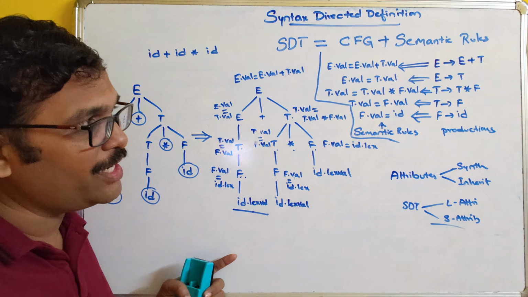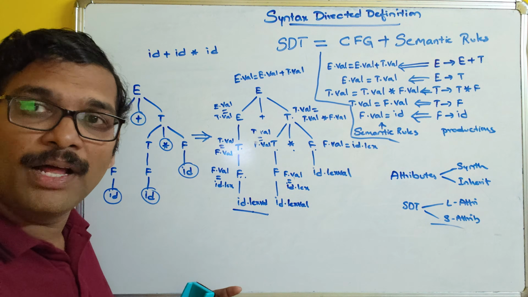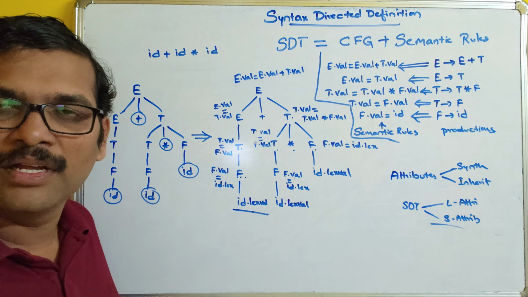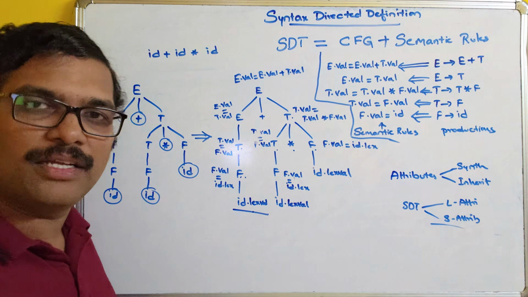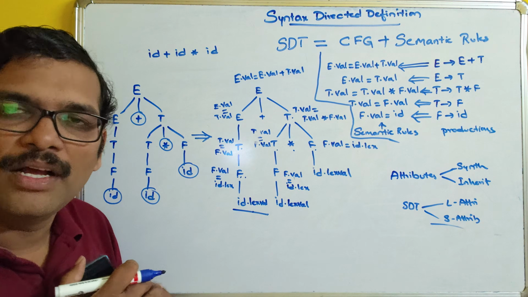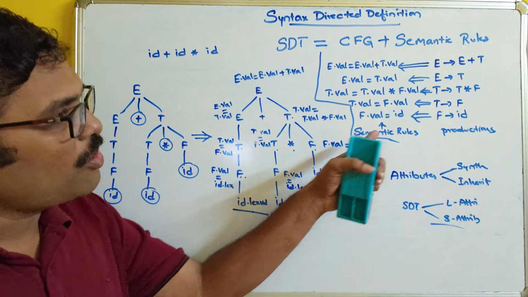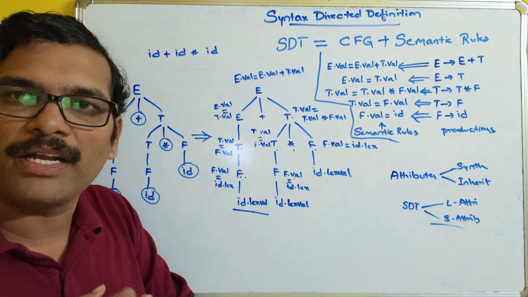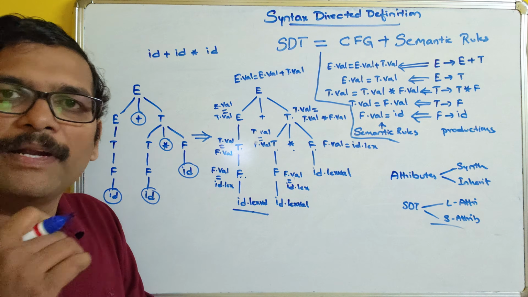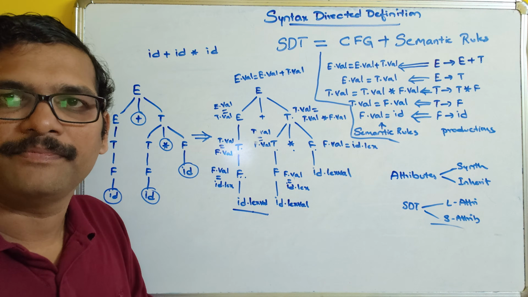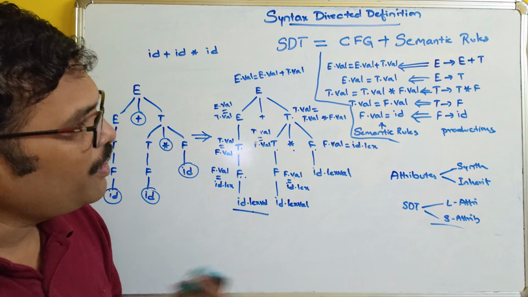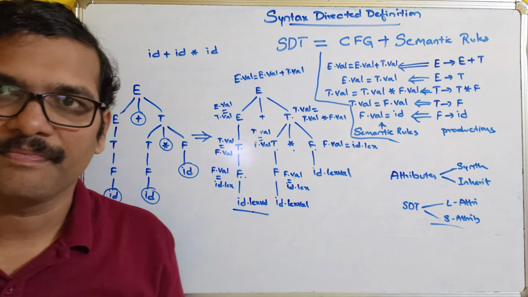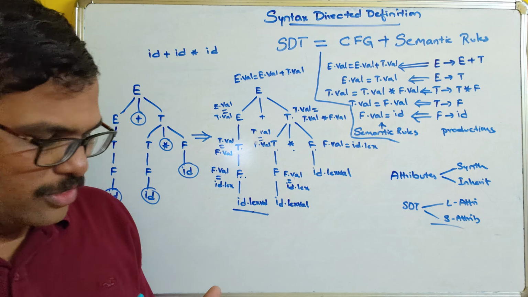So once again I'm saying, every non-terminal will have zero or more attributes, and every production is associated with some semantic rule. And these are called semantic rules, and dot val is one of the properties or attributes of the particular non-terminal. Right? So let's stop here. We have seen different types of attributes and different types of SDTs.